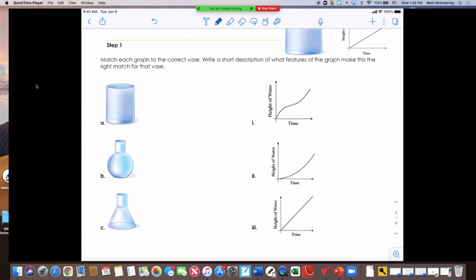I think this one is easy enough to do, letter A. That's going to go with 3. All right, now I want you to discuss at your tables. Have one person read off the answers, but I want you to explain why it went with its figure. Go ahead and discuss.